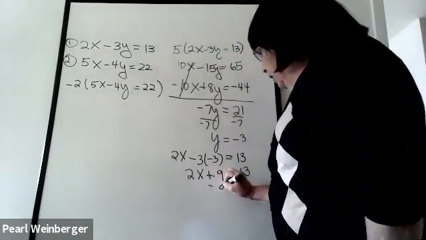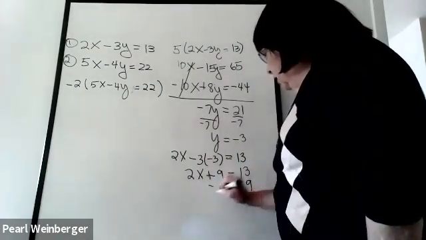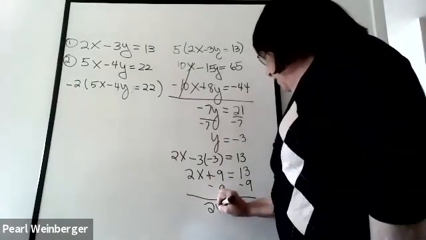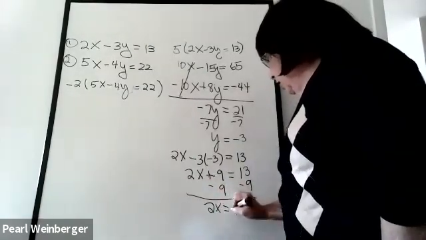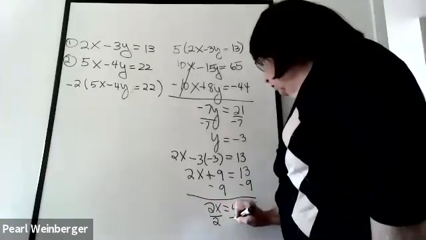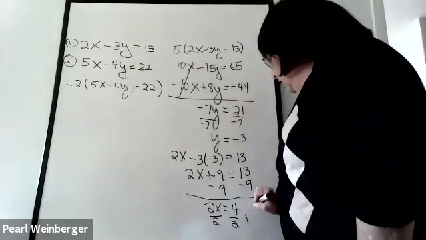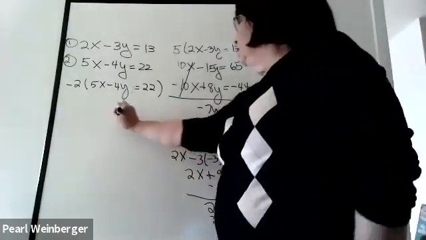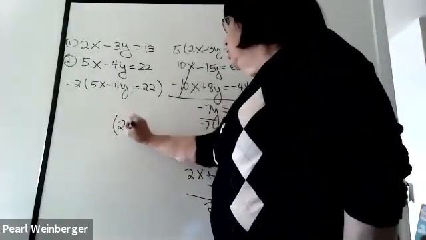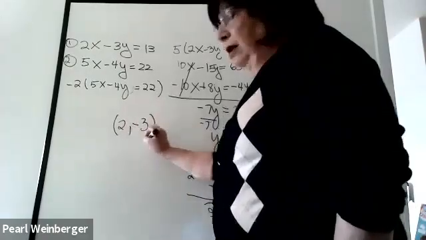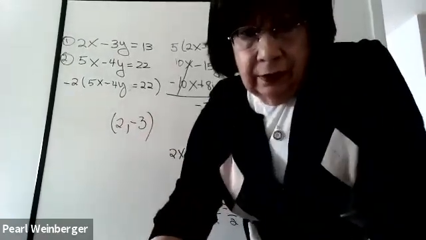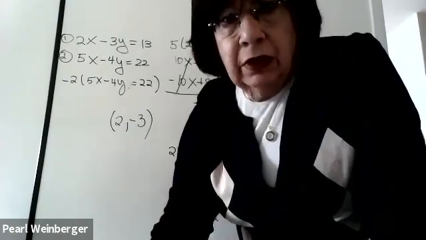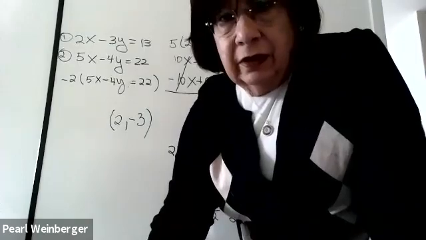And I'm going to subtract 13 from both sides, which will give me 2x equaling 4. So x equals 2. So my solution is x is 2, y is negative 3. As a bunch of you have answered.